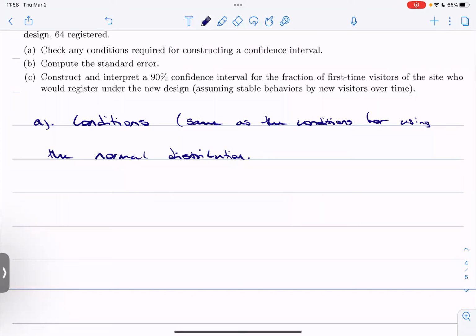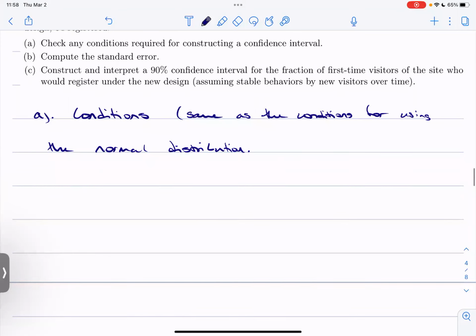Right? Because what's one thing we're relying on? That it follows a normal distribution centered on p hat and a standard error of the square root of p hat q hat over n. Right? We need that. If that's not true, we're hooped.